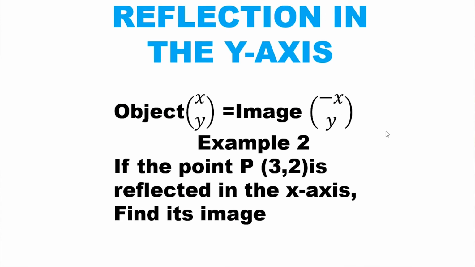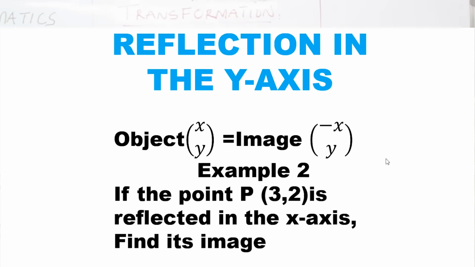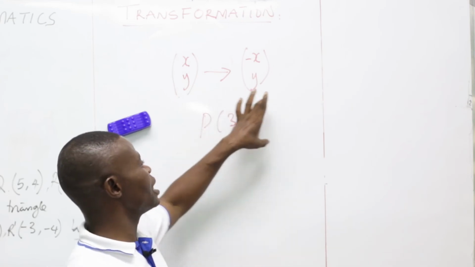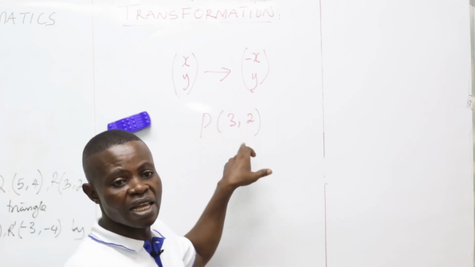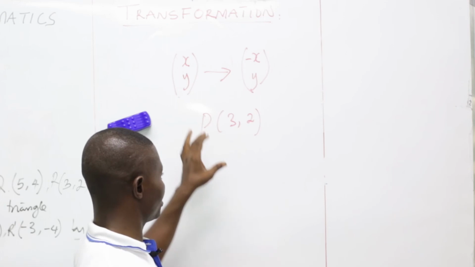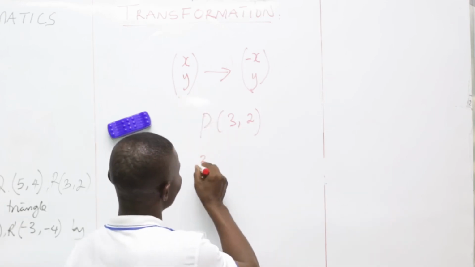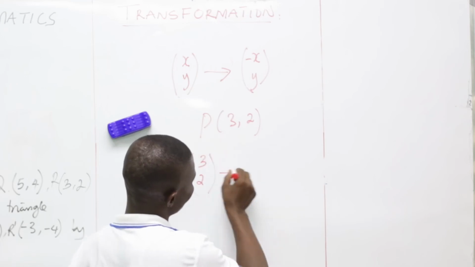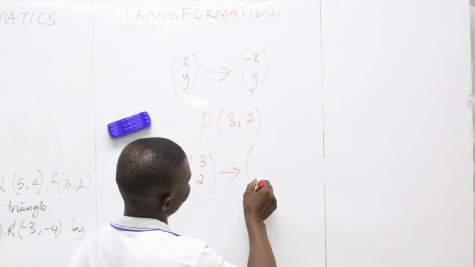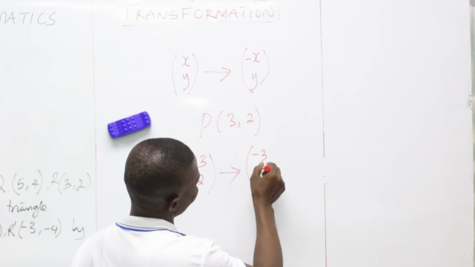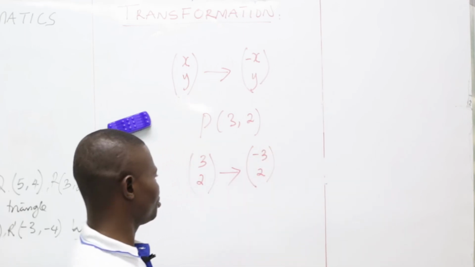Now, if it's reflected in the Y-axis, find its image. This time around, it is no longer reflecting in the X-axis, but in the Y-axis. If it's reflected in the Y-axis, our object will produce an image this way: (minus 3, 2). That's all.